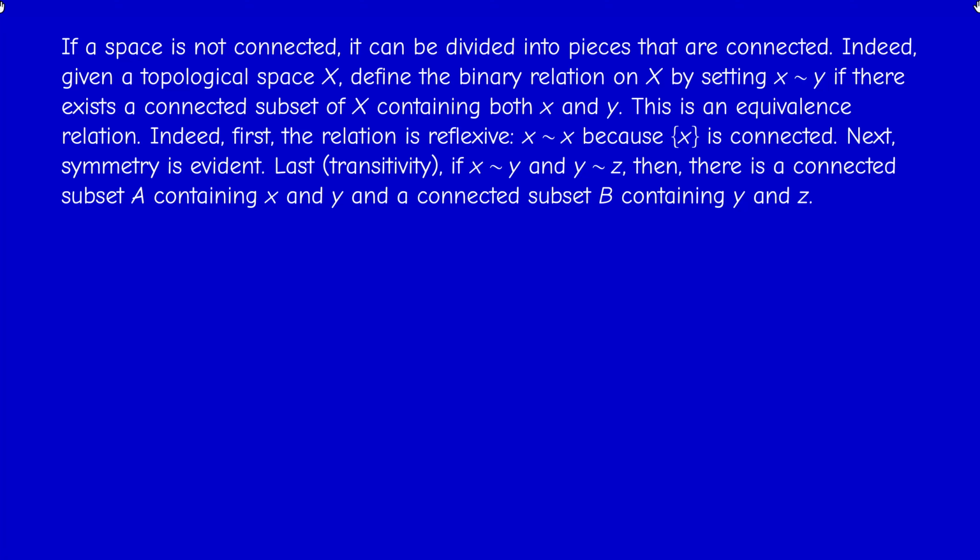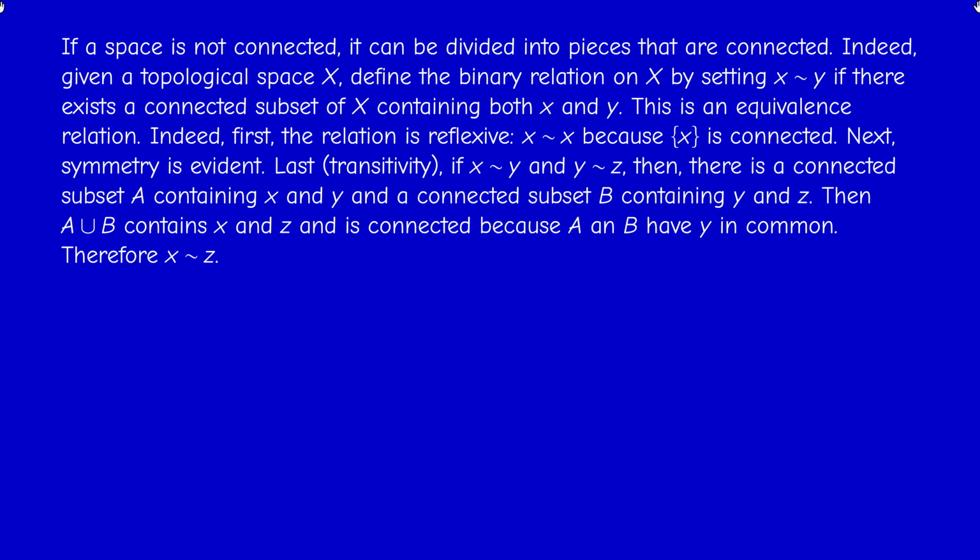If x is related to y and y is related to z, then by definition there exists a connected set A containing x and y, and there exists a connected subset B of the space containing y and z. Then A union B is connected as a union of two connected sets having a common point, which is y.